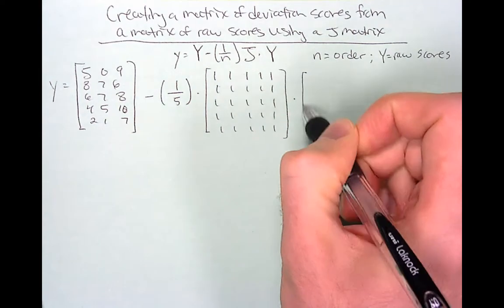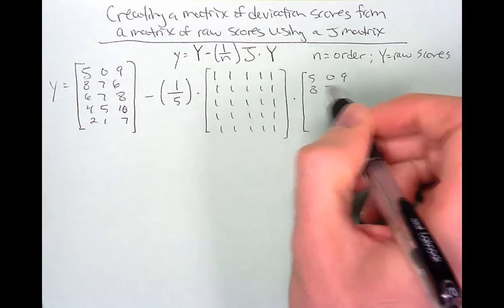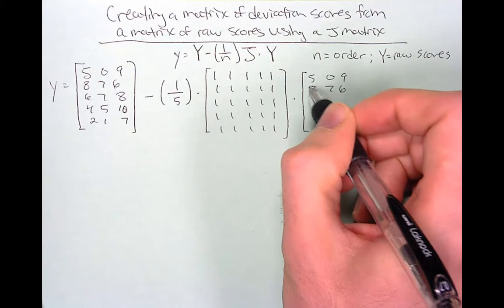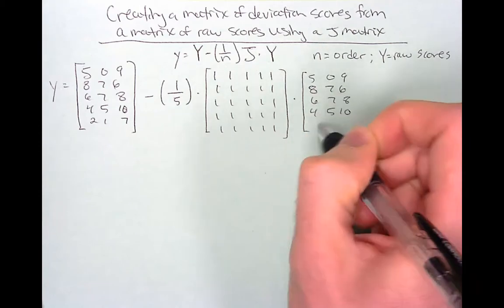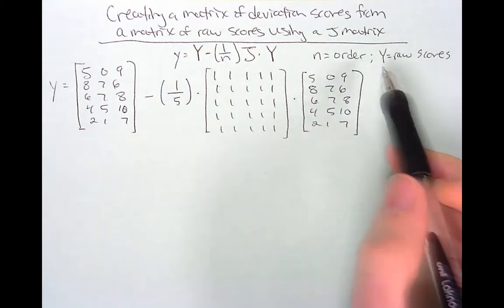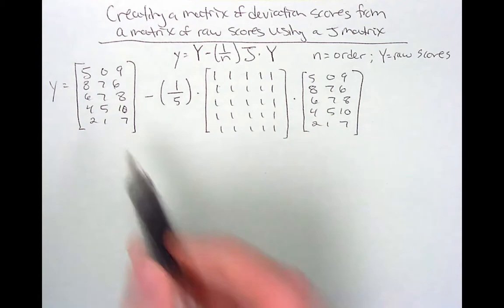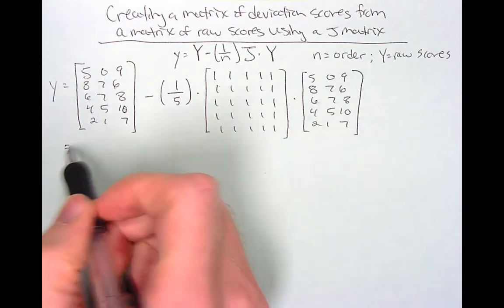And multiply it by our y matrix again, where I pointed out y is just our raw scores that we have over here. So let's simplify this.